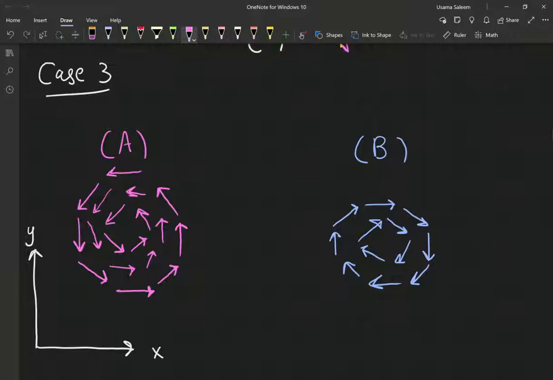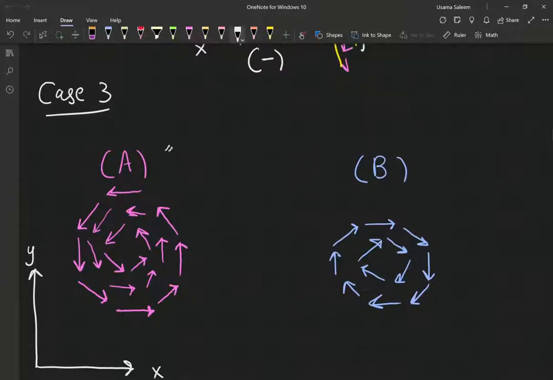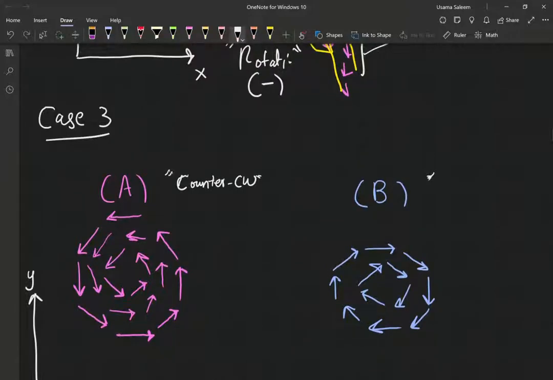Now flow A, in what direction is A rotating? I hope you guys can see this is anti-clockwise, counterclockwise, same thing. Whereas B is clockwise, right?